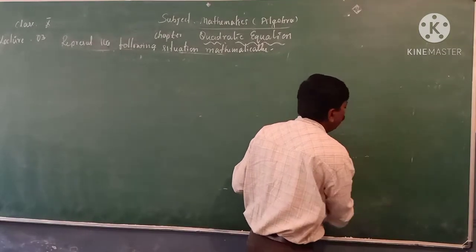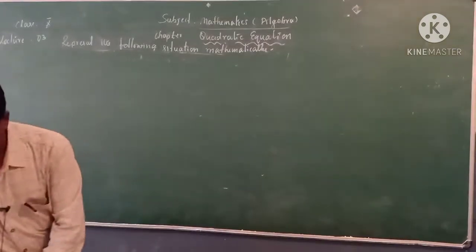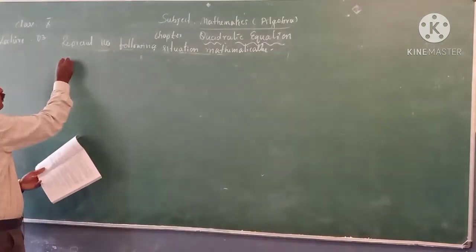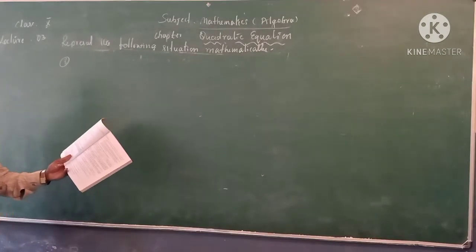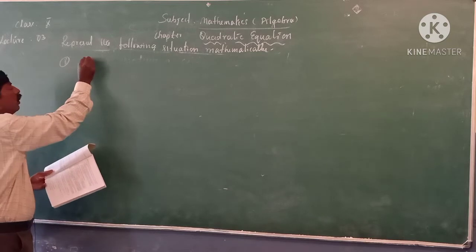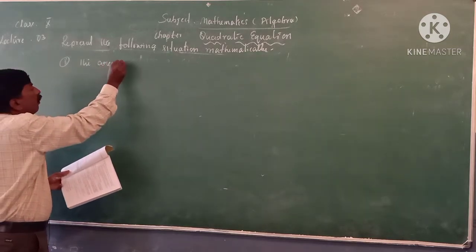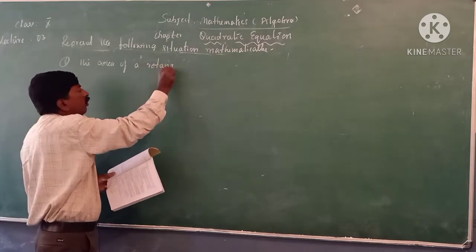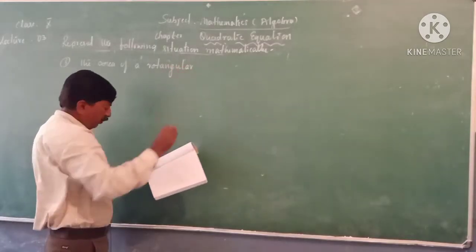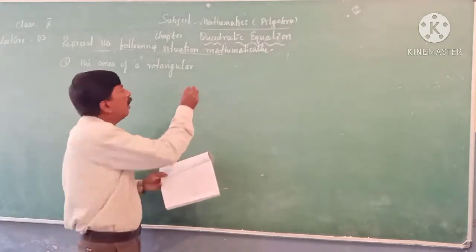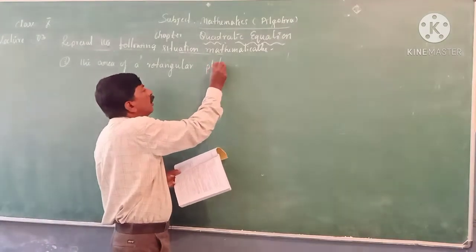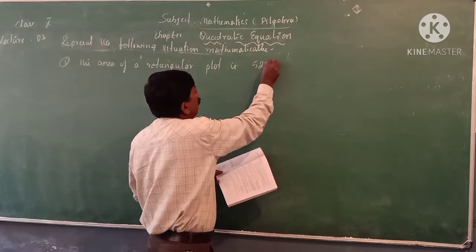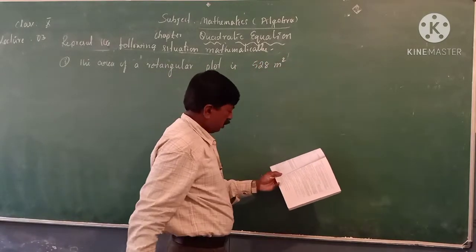Next, the third question. The area of a rectangular plot is 528 meters square.